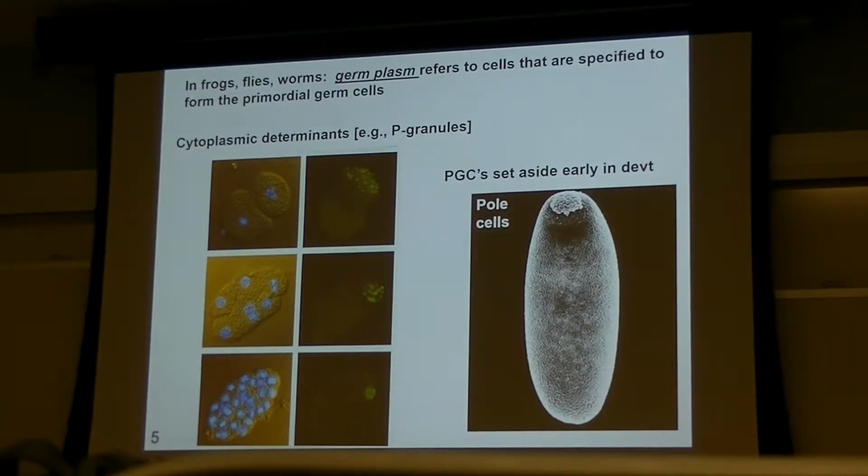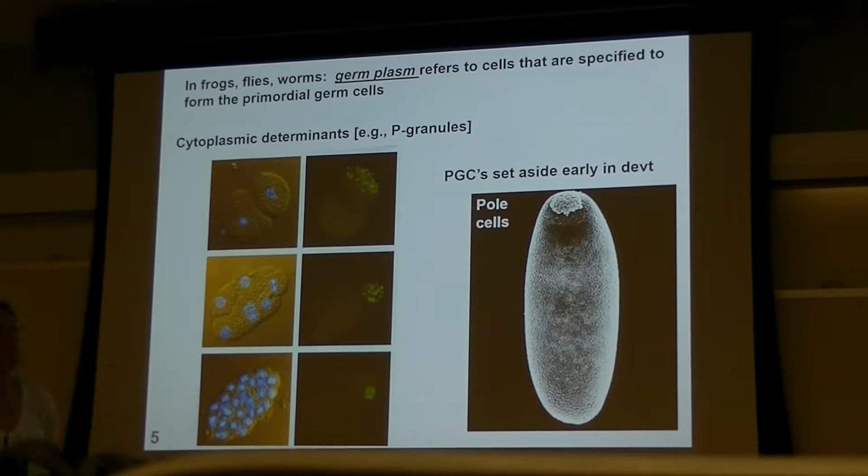So for comparative purposes, I threw in this slide. When we talked about Drosophila, we also saw a group of cells that were set aside really early in development, the pole cells. And those are the ones that would become the source of germ cells for the Drosophila embryo. They happen to be the very first ones that completed that process of cellularization and got membranes surrounding cytoplasm throughout the entire cell.